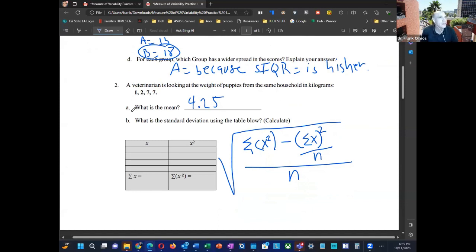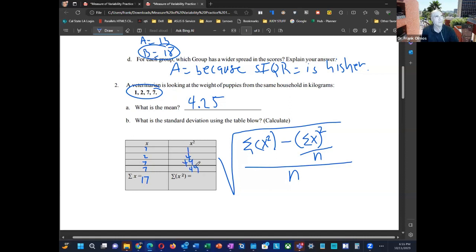Okay, so we write down the x's: 1, 2, 7, 7. Just write those down. And then just add them together, you get 17. And then on the right, you just square them. Square the 1 times 1, 1, 2 times 2, 4, 7 times 7, 49, and so on.